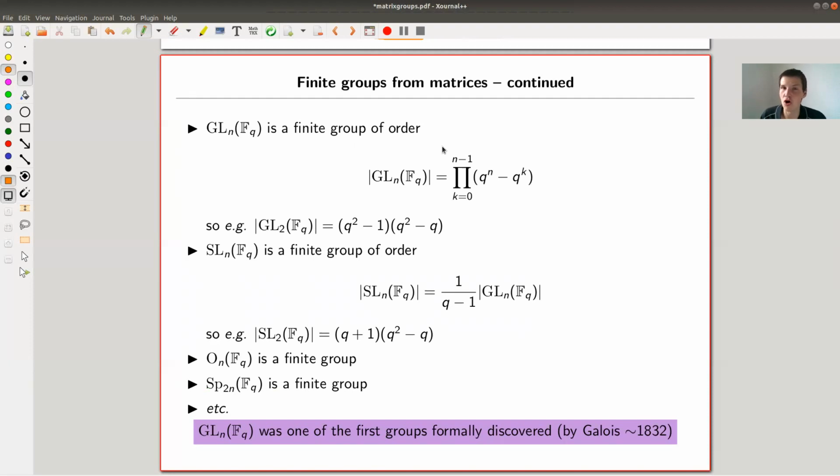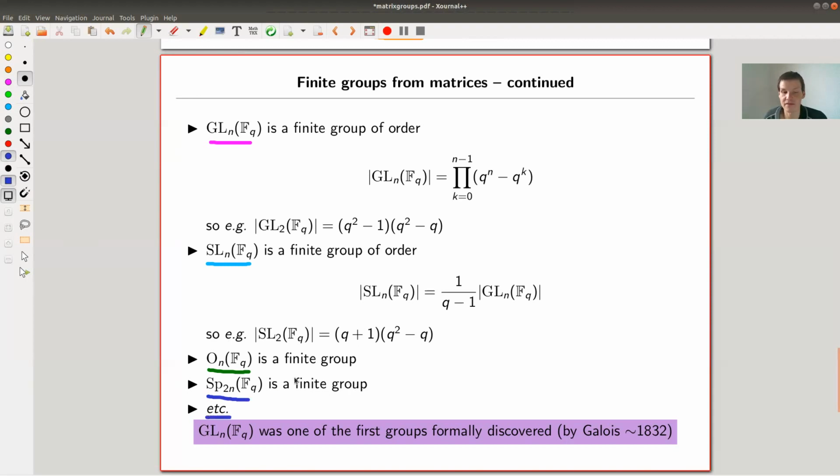Because most columns of that periodic table are of the following form. There are GLNs, there are SLNs, over a finite field, or something like orthogonal groups. Product of orthogonal matrices is an orthogonal matrix, so they form a group. Symplectic matrices, so the product of symplectic matrices is a symplectic matrix, and so on.